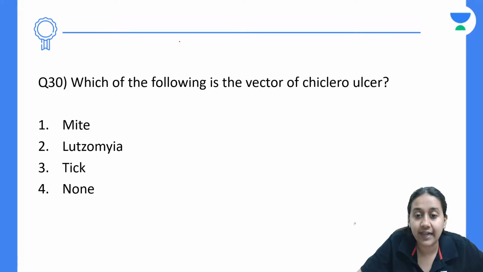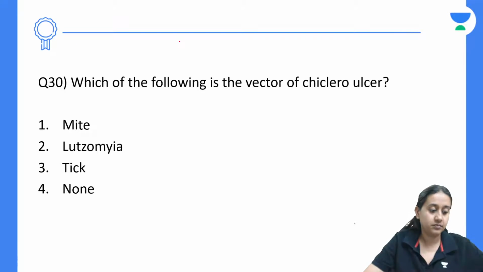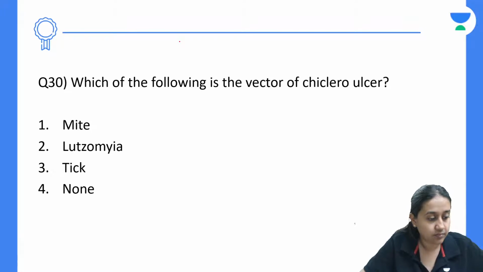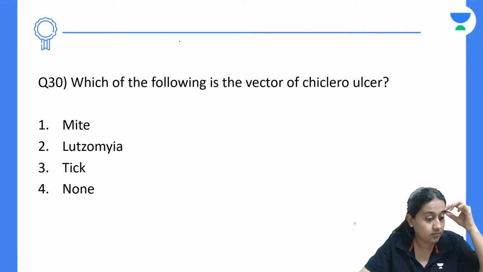Which of the following is the vector of chiclero ulcer?